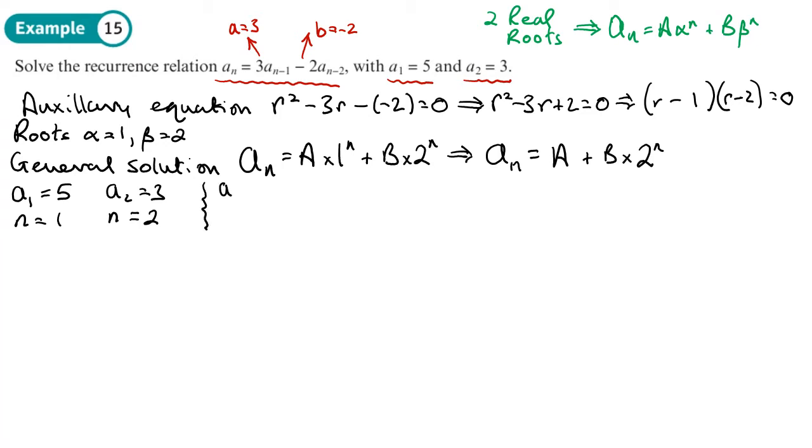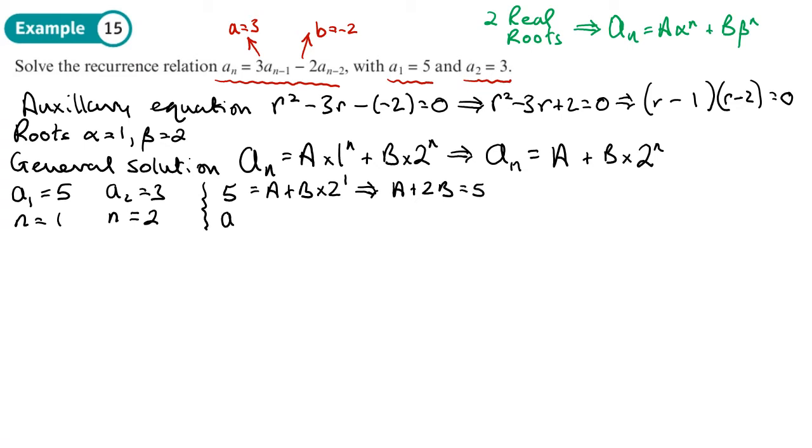So that will mean that a1 equals a plus b times 2 to the power 1. Now since a1 is 5, we can just write 5 equals a plus b times 2 to the power 1, which gives us this equation, a plus 2b equals 5.